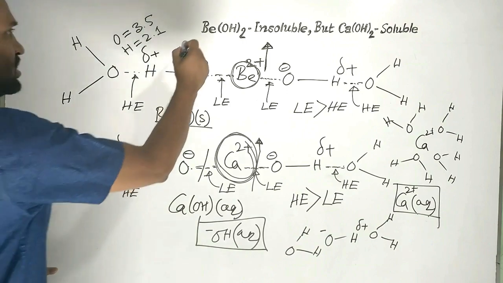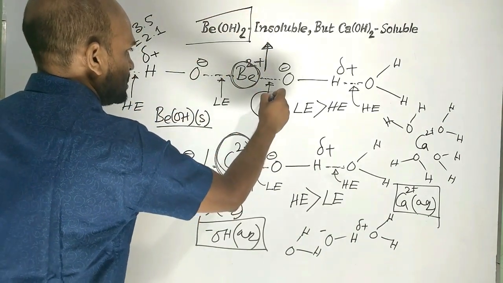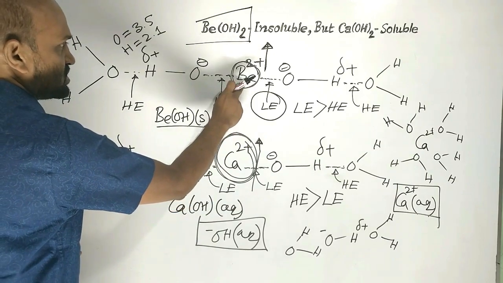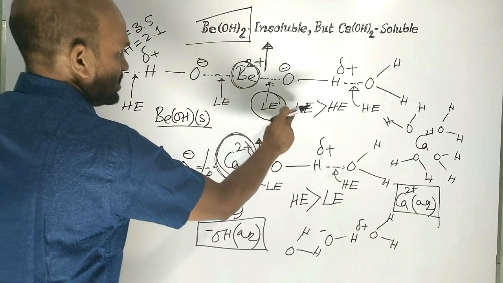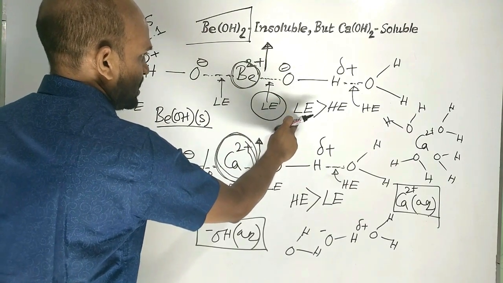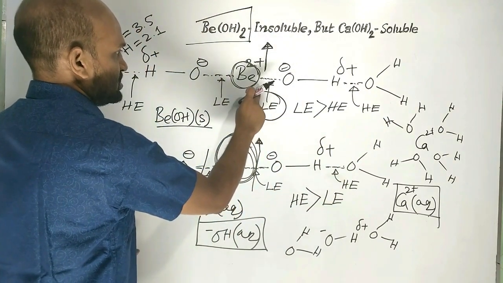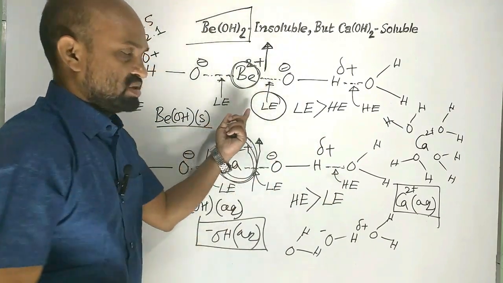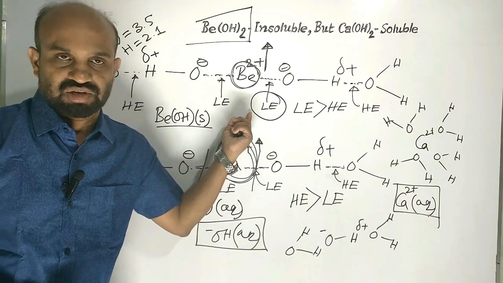In case of beryllium hydroxide, lattice energy is higher due to the smaller size of beryllium ion. In this case, hydration energy cannot exceed the lattice energy. For this reason, beryllium hydroxide doesn't dissolve in water.